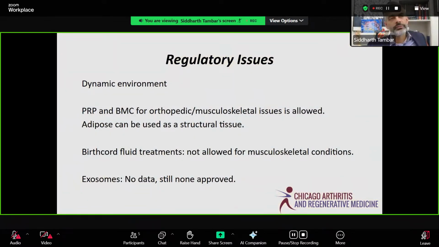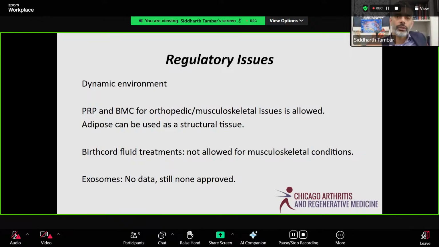Regulatory issues. Look, this may seem a little bit odd for the general public to be thinking about, but you need to know about this because it affects the kind of treatments your physicians can offer. This is a dynamic environment. Treatments like platelet-rich plasma and bone marrow stem cells for orthopedic and musculoskeletal issues are pretty well vetted at this point by the FDA. It is allowed if you're following some very clear-cut criteria.